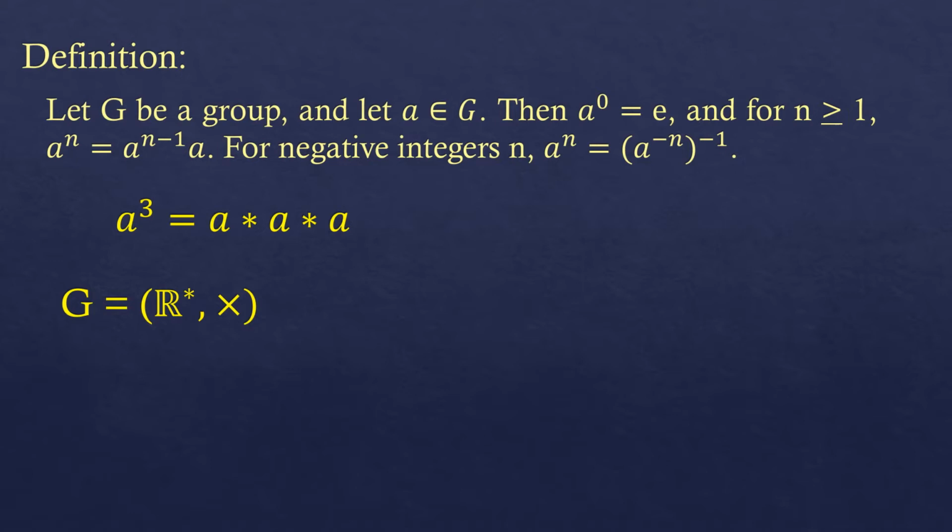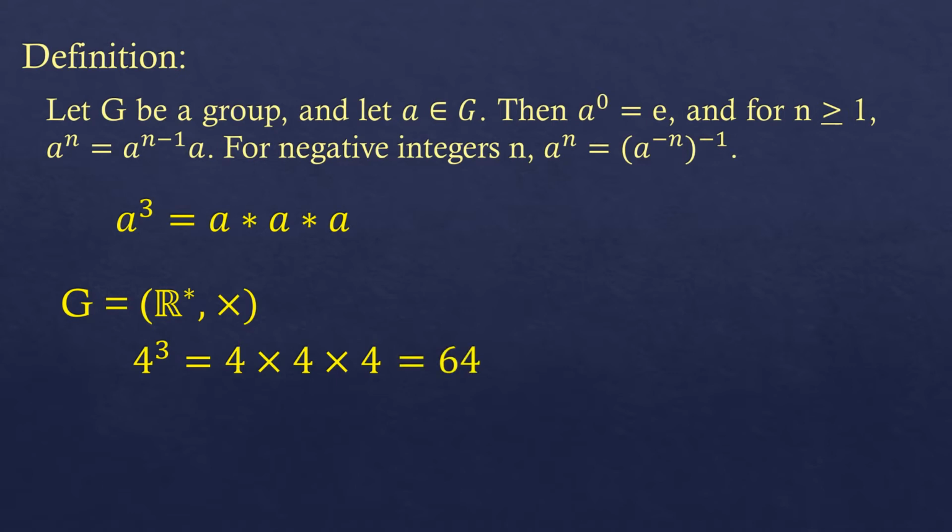And then we will take a real number, for example, 4. We're going to use the same value as the previous so that it's easier for us to compare. So 4 cubed here means 4 times 4 times 4, because the operation now is multiplication. 4 times 4 is 16, 16 times 4 is 64.